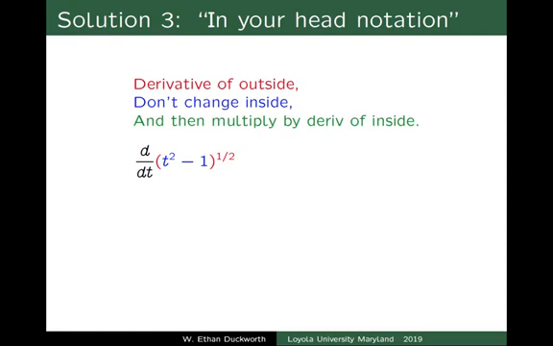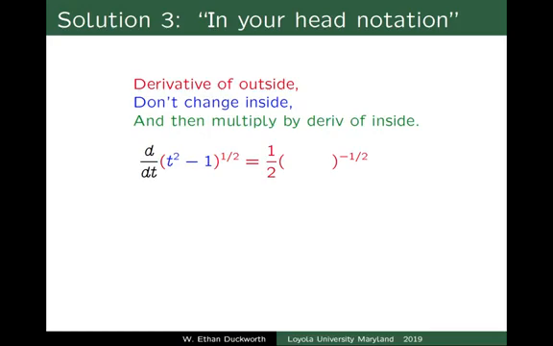Okay, now I'll start actually applying the rule. Let's take the derivative of the outside. That's the part with the parentheses to the 1/2. So the 1/2 will come down in front, and then I will have the parentheses, and then I will subtract 1 from that power. So 1/2 parentheses to the negative 1/2. That's the outside, the derivative of the outside.